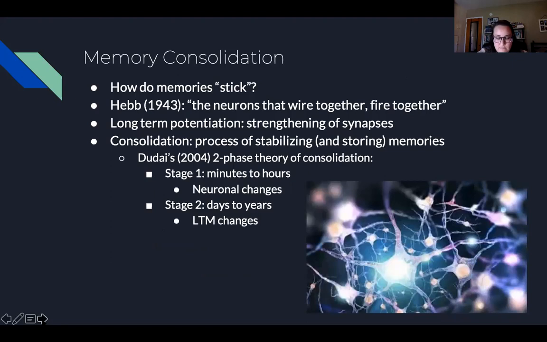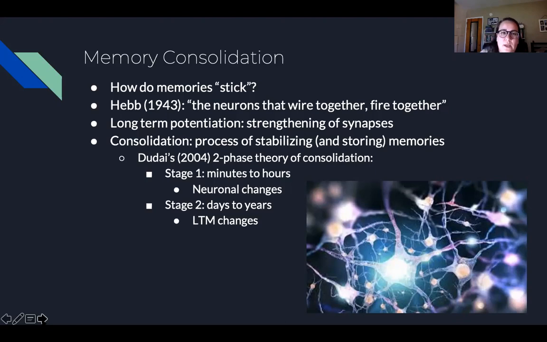And so in the last portion of this lecture, we're going to talk about how these memories stick. What is happening at the neural level that is causing this information to get stored? What is putting these files into the filing cabinet?